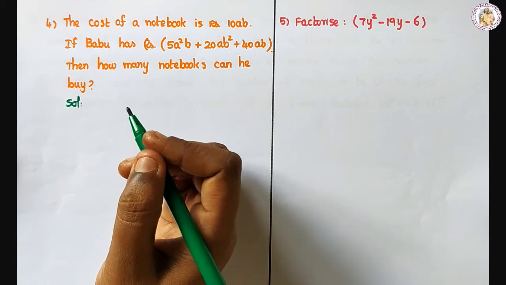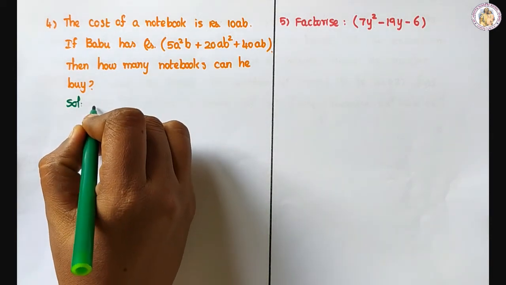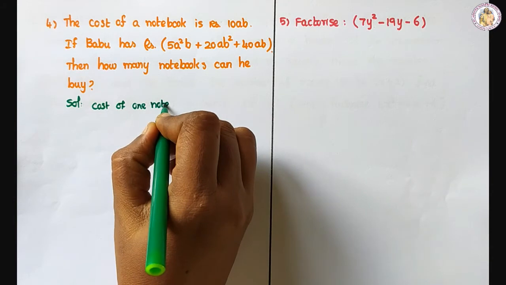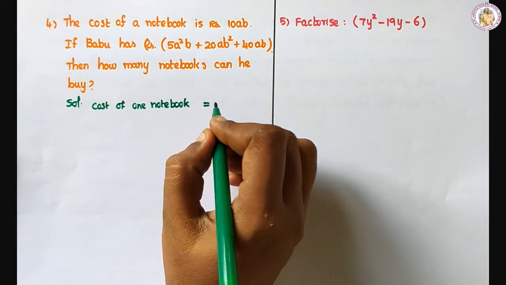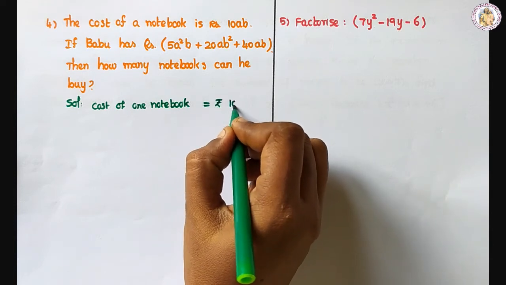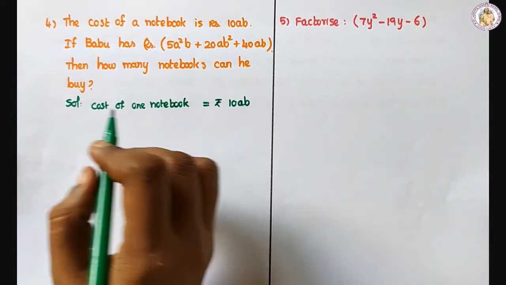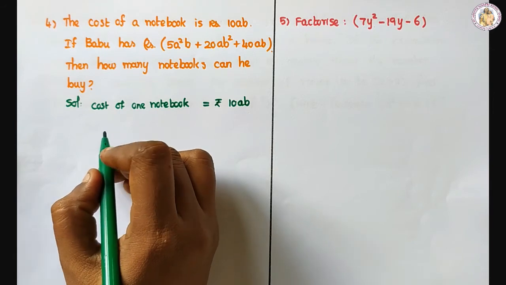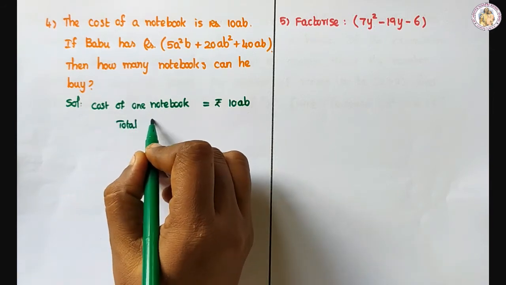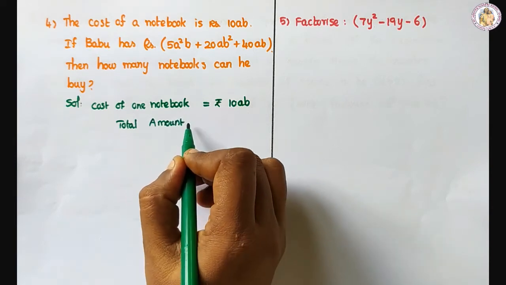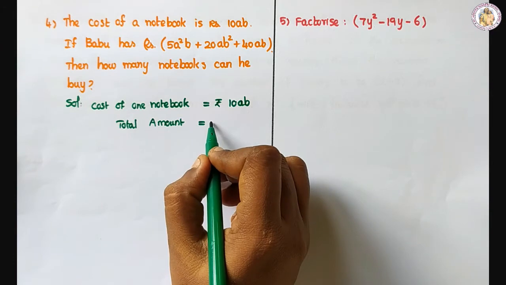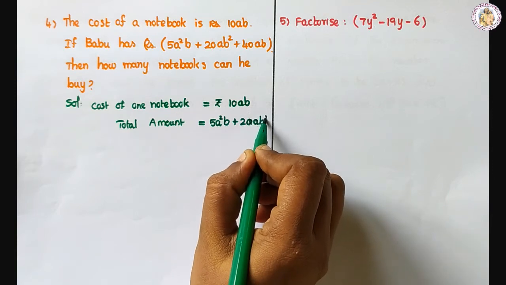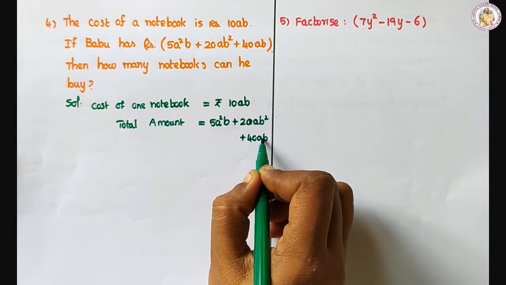Listen, given: cost of one notebook is equal to rupees 10ab. Amount, the total amount he has, is 5a squared b plus 20ab squared plus 40ab.